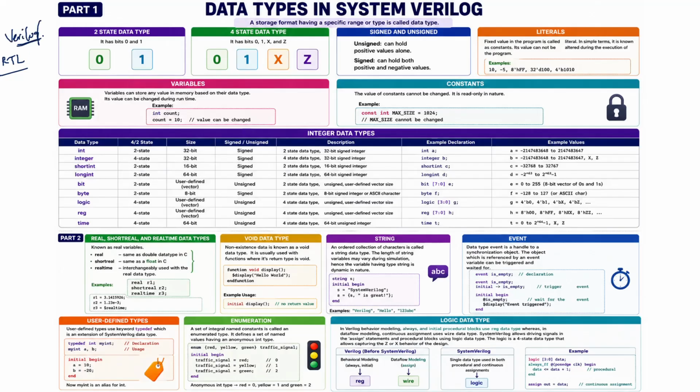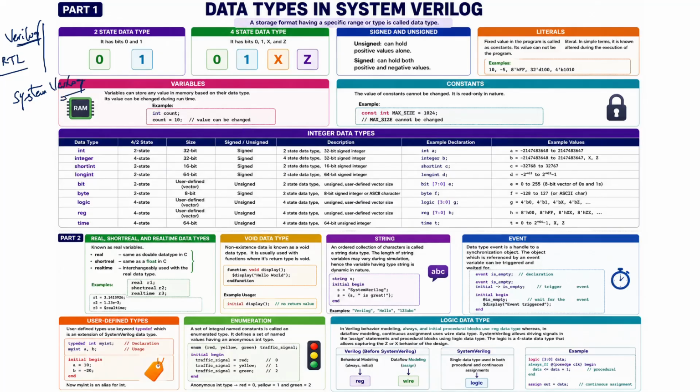Okay, Verilog is the language used to design RTL, hardware, or any digital circuit. Whatever you want to design through RTL, we design it through Verilog only. And what is the main difference between Verilog and SystemVerilog?